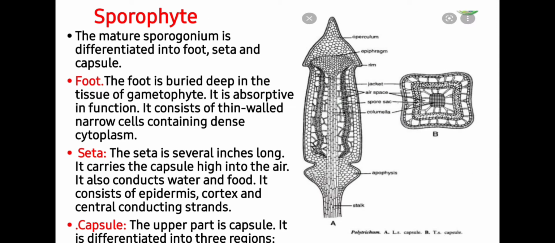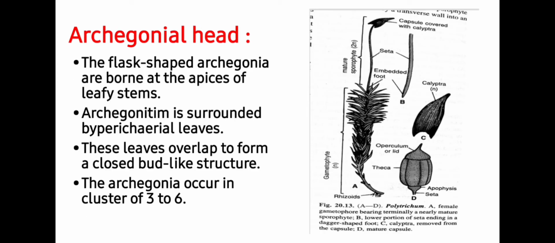Next is the sporophyte. The mature sporogonium is differentiated into foot, seta and capsule as in other bryophytes, and the role of the foot is absorption, and it is buried deep in the tissue of the gametophore. It consists of thin-walled narrow cells containing dense cytoplasm.